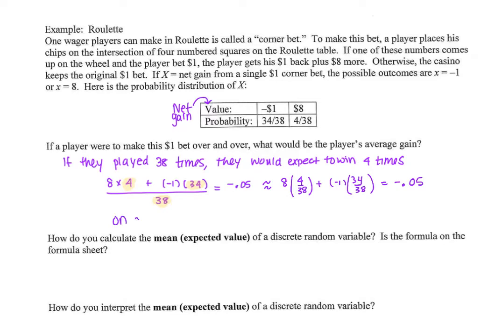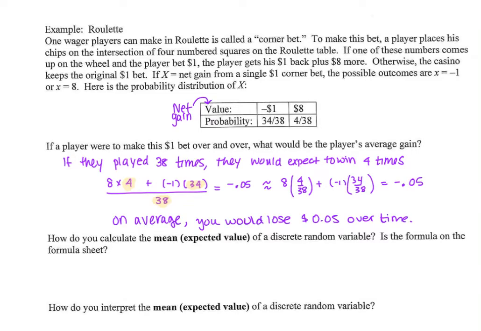So on average, and this means something different in probability than how you expect it, you would lose 5 cents over time.